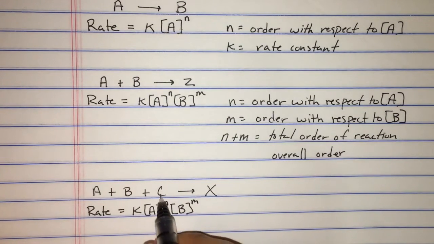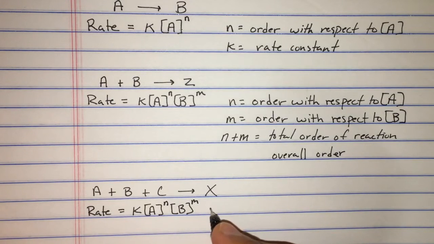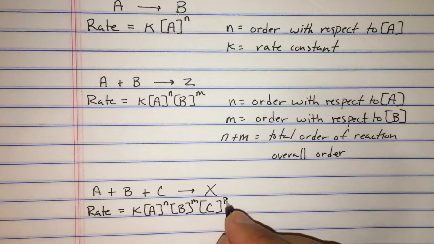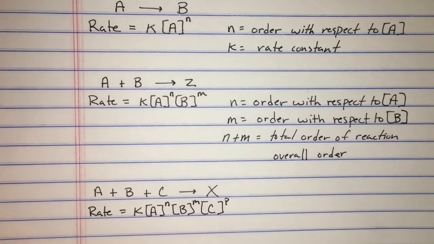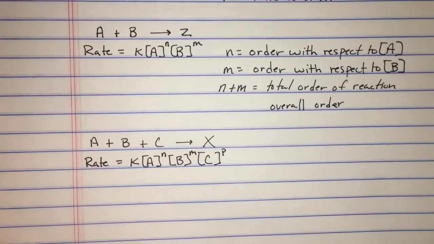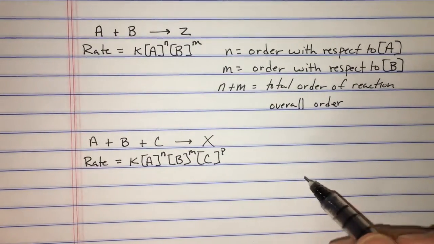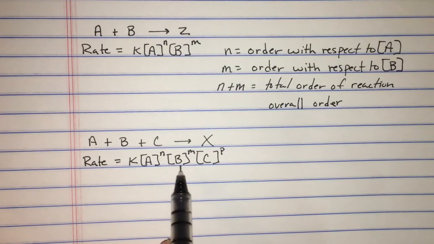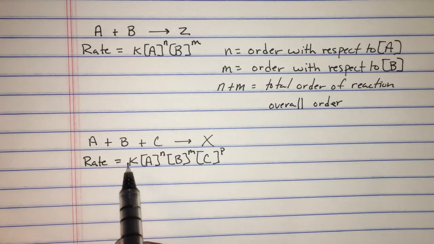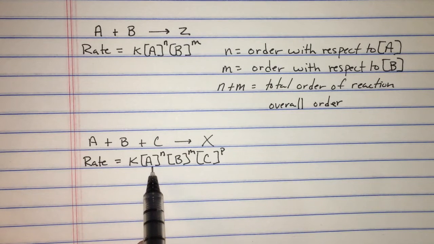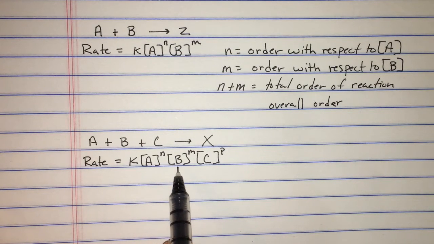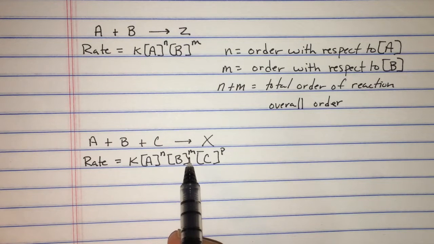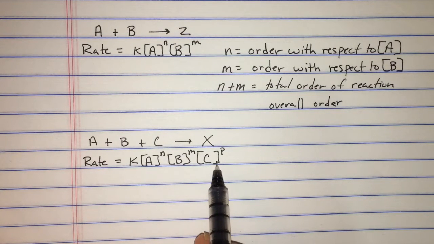And again, we've got that third reactant, so we have to include it in our rate law. And I'll give it just the unknown P, for example. So the rate law looks like this. Rate is equal to rate constant times the concentration of A raised to the N times the concentration of B raised to the M times the concentration of C raised to the P.